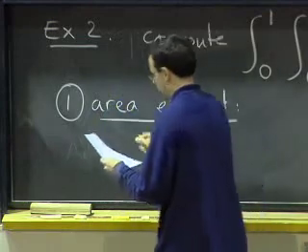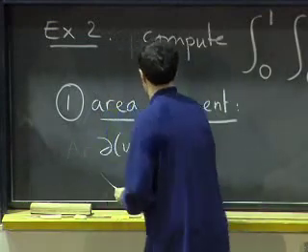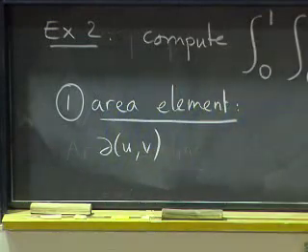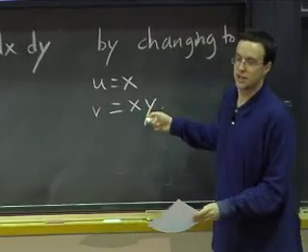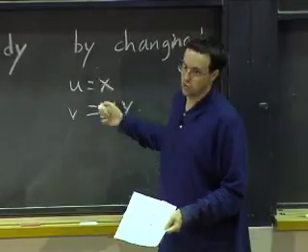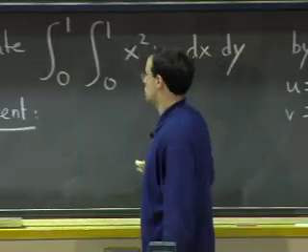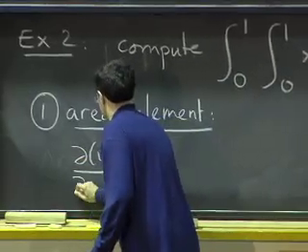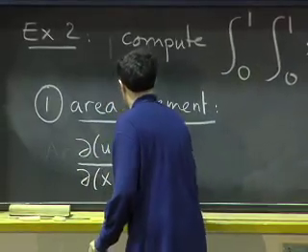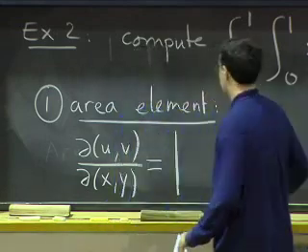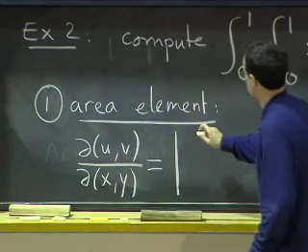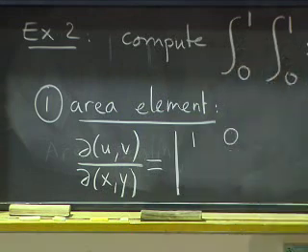And for that, we use the Jacobian. Let's see. The one that we can do easily is partials of u and v with respect to x and y. I mean, the other one is not very hard because here you can solve easily, but the one that's given to you is partial of u and v with respect to x and y. So partial u, partial x is 1. Partial u, partial y is 0. Partial v, partial x is y.